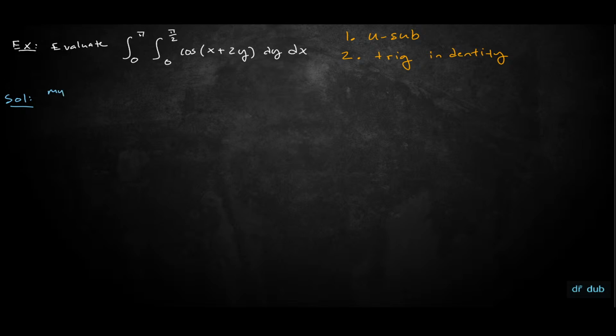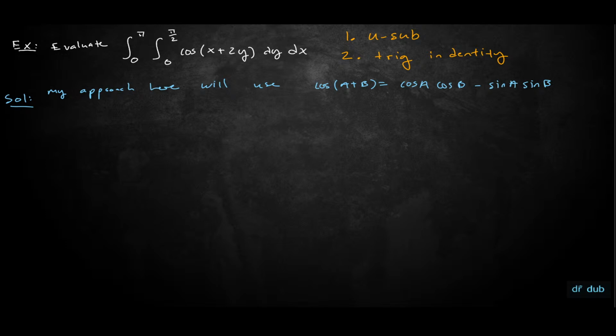So my approach here will use cosine of a plus b equals cosine of a times cosine of b minus sine a sine b. So I'll do the trig identity approach.